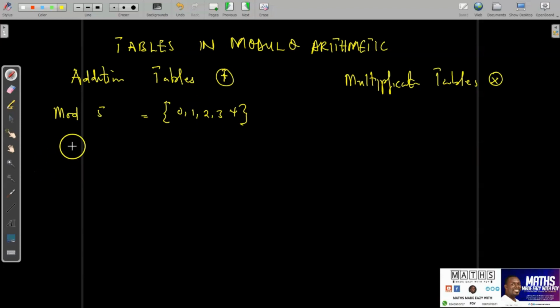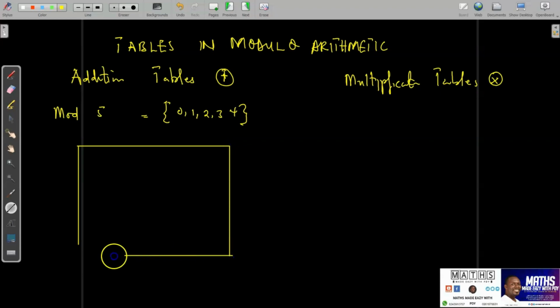And therefore, for the addition table in mod 5, you can draw your table. Please, you don't have to waste time on this whenever you are drawing. You can write the numbers before you put on the lines. So you have your addition here, then you have your 0, 1, 2, 3, and then 4.